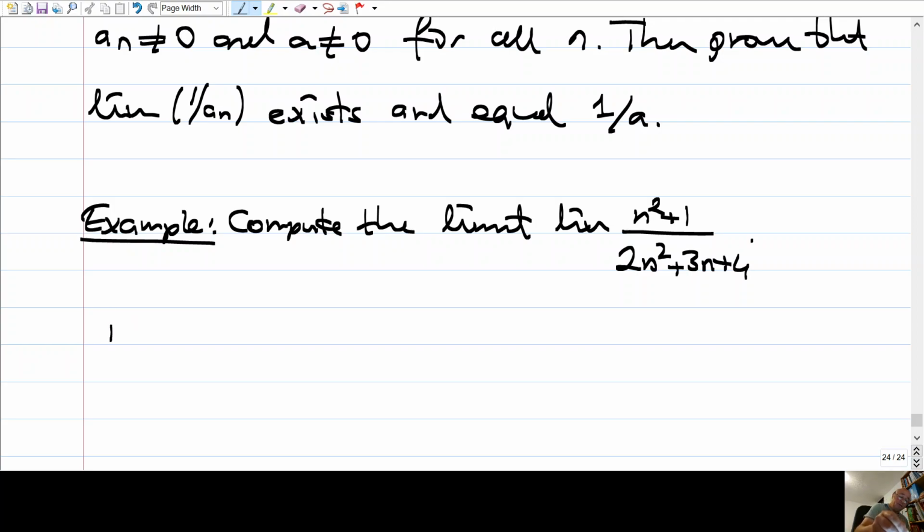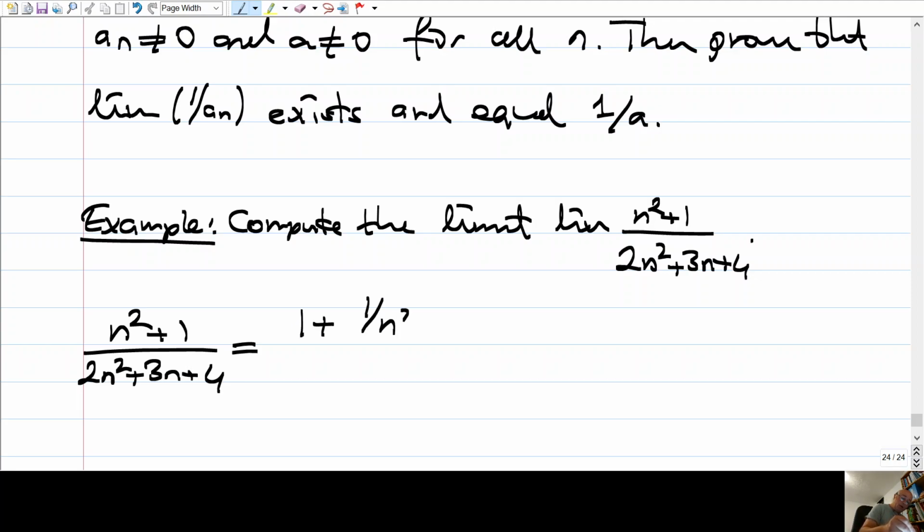Start with this. Divide both sides by n squared. So I will get 1 plus 1 over n squared. Since I am talking about the limit as n goes to infinity, I may assume that n is positive. I divide the numerator by n squared and let's divide the denominator by n squared.